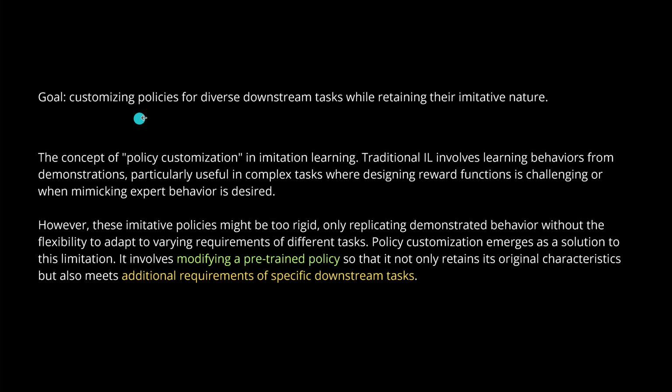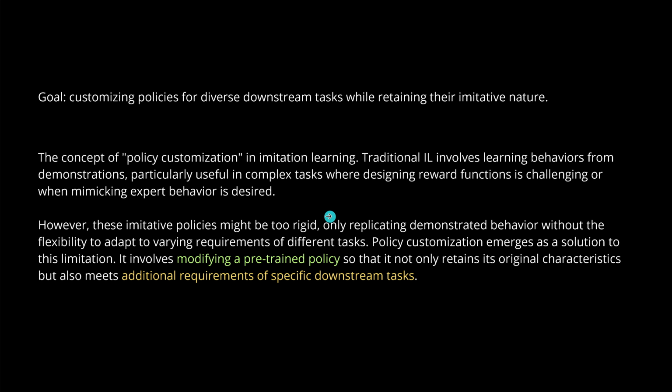So you have to customize the policy for those additional downstream tasks. Therefore, the concept of policy customization in imitation learning: traditional imitation learning involves learning behavior from demonstration, useful in complex tasks where designing a reward function is challenging, or when mimicking expert behavior, mathematical, physics, whatever is desired.